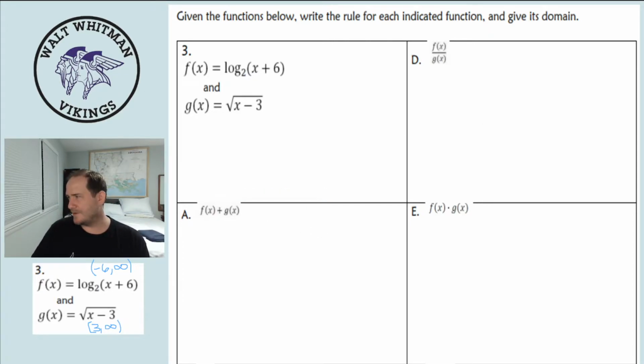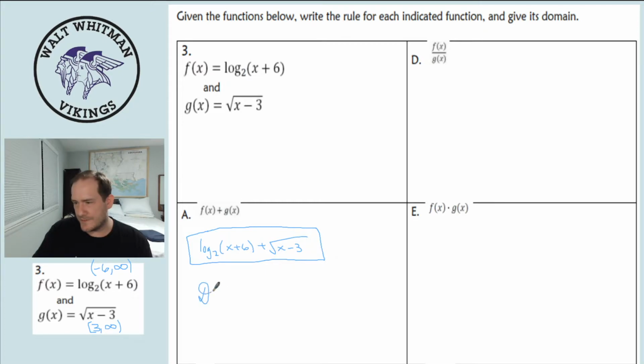The algebra here is really basic because you can't simplify anything. So we know that our function rule is just literally going to be log base 2 of x plus 6 plus the square root of x minus 3. And you cannot simplify that, so you're done.